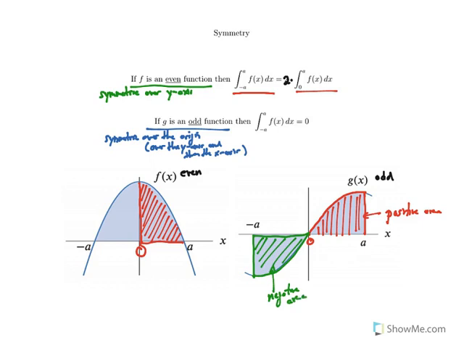So the positive and the negative parts are just going to cancel out, and we're left with just 0. And that's a very nice thing to do. It makes a whole integral immediate. What this is really saying is that the integral from 0 to a of g of x dx is equal to negative the integral from negative a to 0. Both those parts are the same magnitude but have different signs, so they cancel each other out and we're left with just 0.